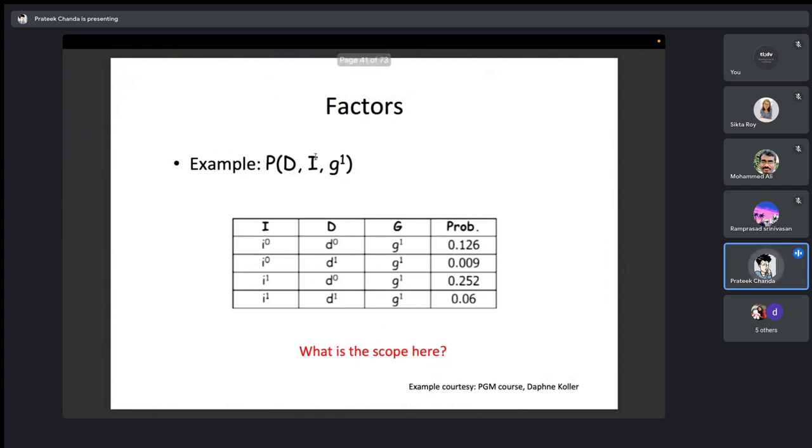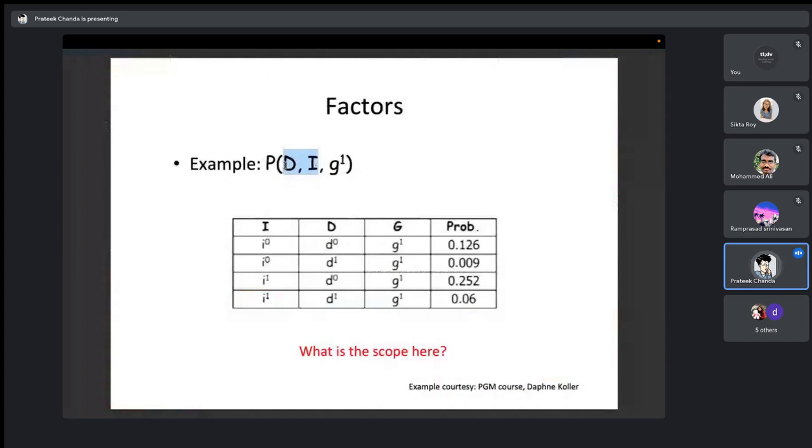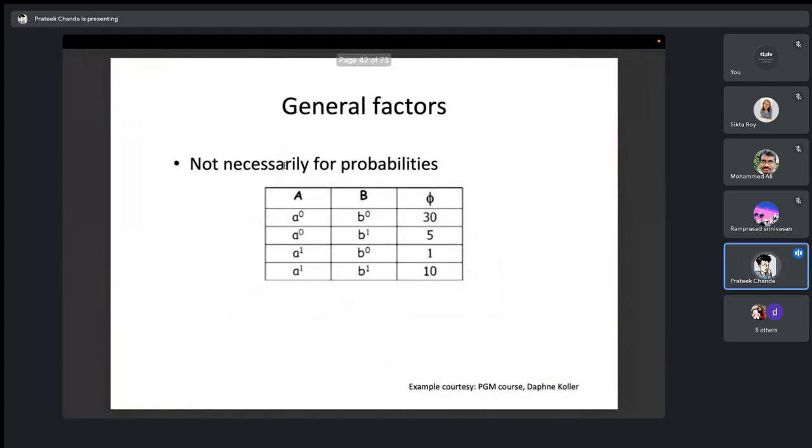And since I already fixed g to g1, I am only left with d and i, which I can again tune. d can take two values, d0 and d1. i can take two values, i0 and i1, and those are the only two values in this scope.